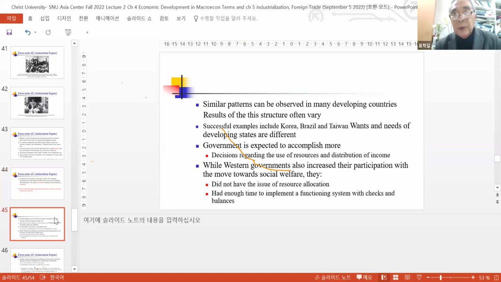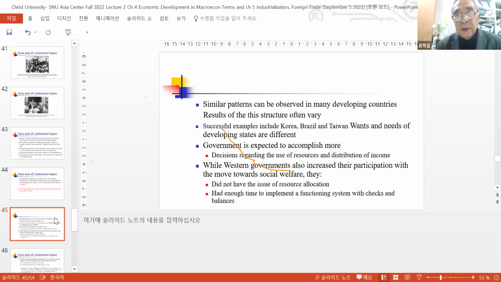Similar patterns can be observed in many developing countries, but results of this structure often vary. Successful examples are Korea, Brazil, Taiwan; the wants and needs of developing states are all different. So not only successful examples, there could have been failures. Government is expected to accomplish more.